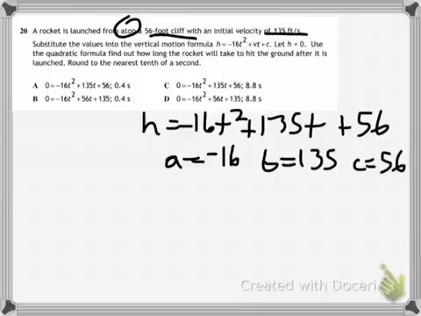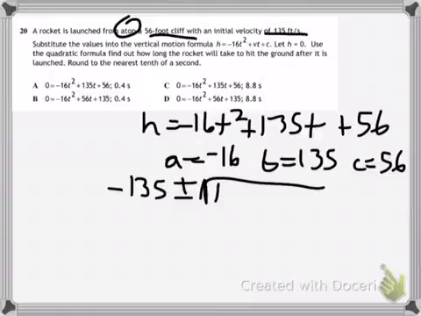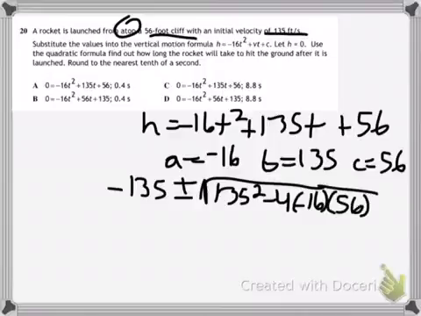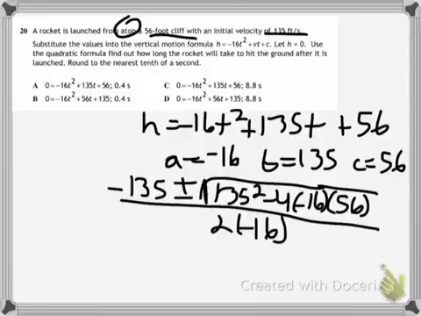So if we're going to use the quadratic formula, -135 plus or minus the square root of 135 squared minus 4 times -16 times 56, all over 2 times -16. And so you put that in your calculator.